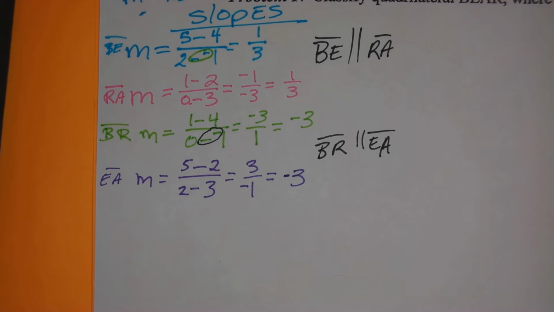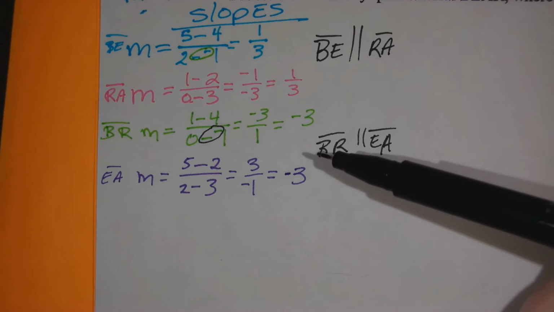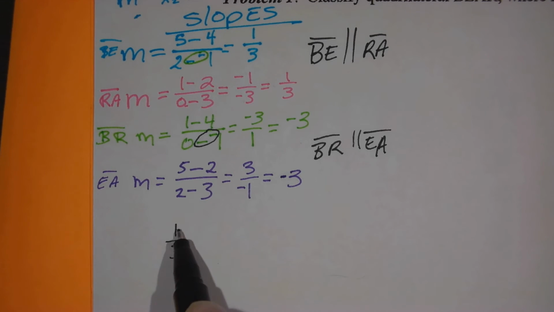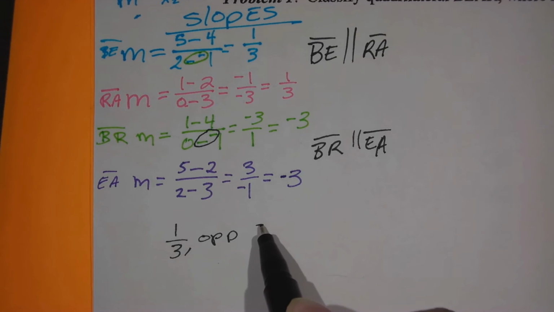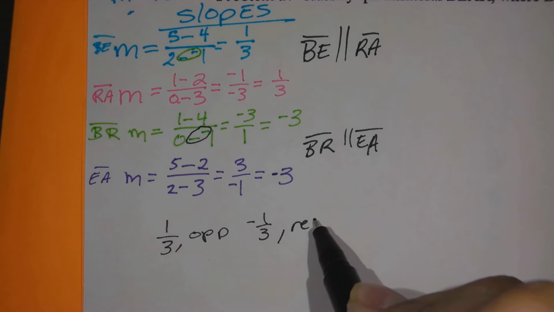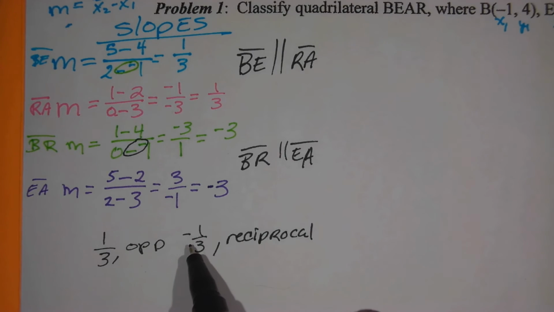One thing I'm going to notice is that 1/3 and negative 3 are opposite reciprocals. So if you remember, this is positive. So the opposite is negative 1/3. And then the reciprocal is the flip.